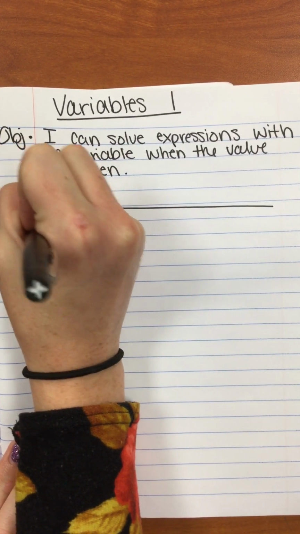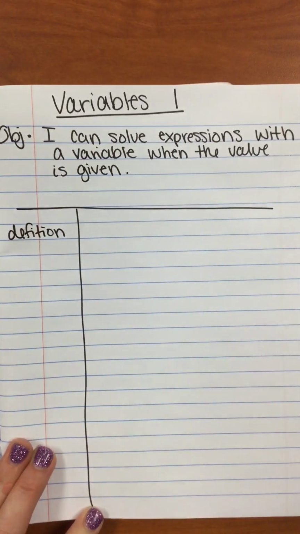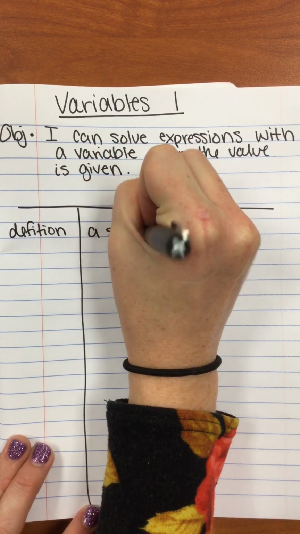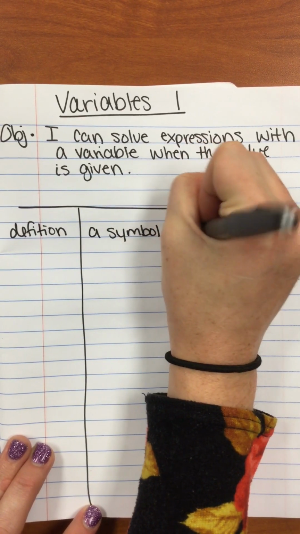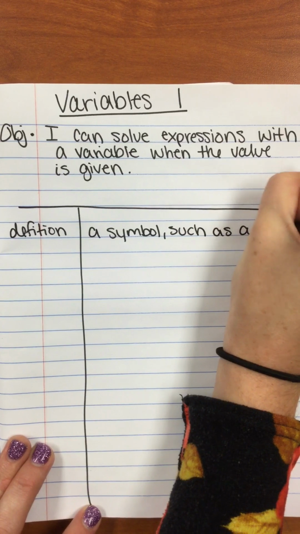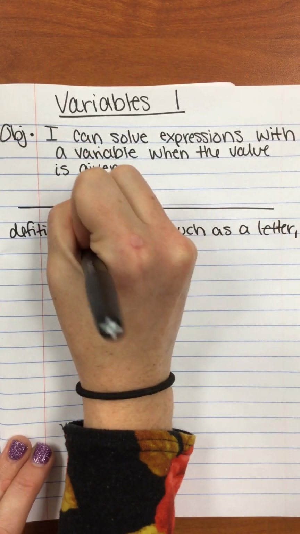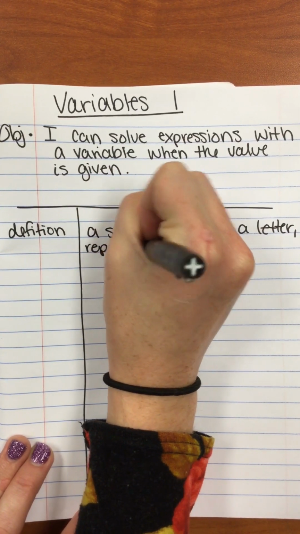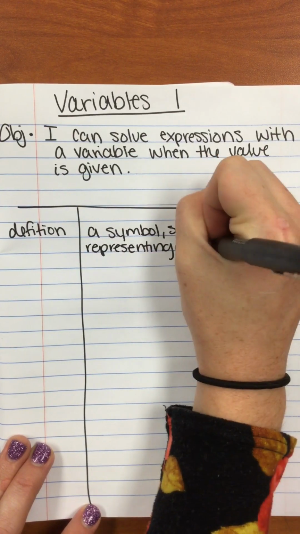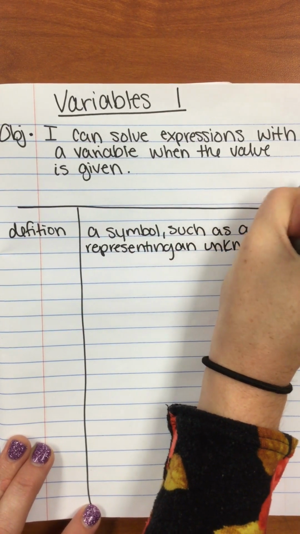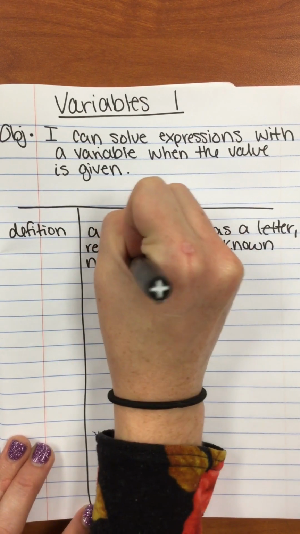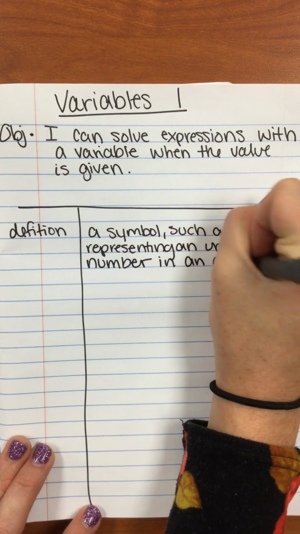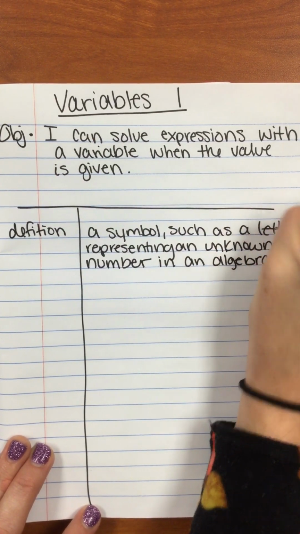Our definition of a variable when it comes to algebra is a symbol, such as a letter, representing an unknown number in an algebraic expression.